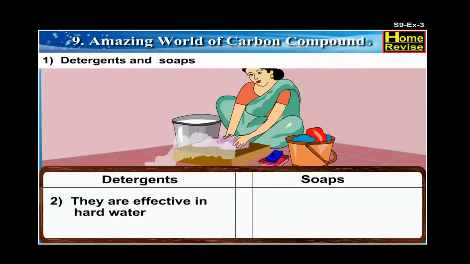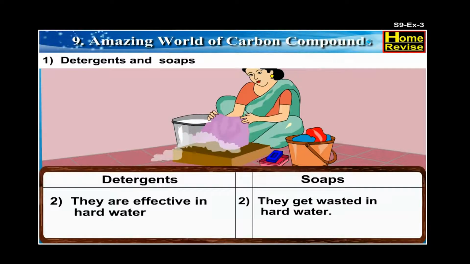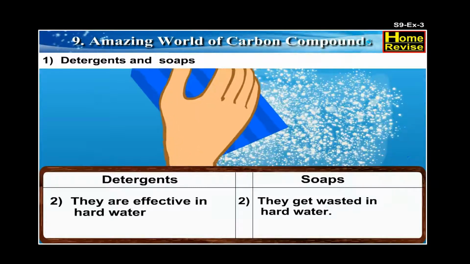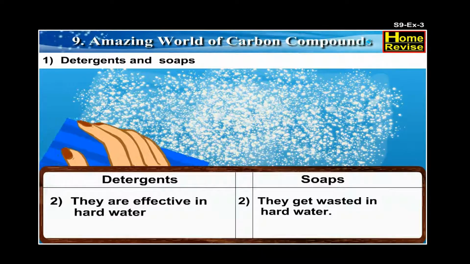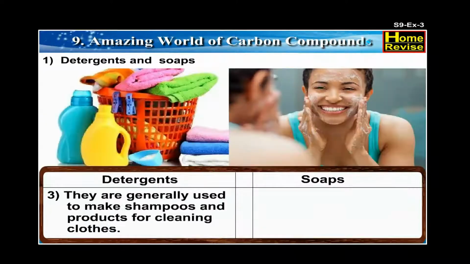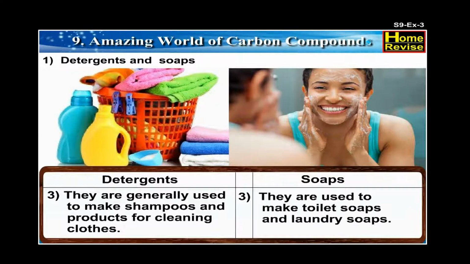Detergents are effective in hard water, whereas soaps get wasted in hard water. 3. Detergents are generally used to make shampoos and products for cleaning clothes, whereas soaps are used to make toilet soaps and laundry soaps.